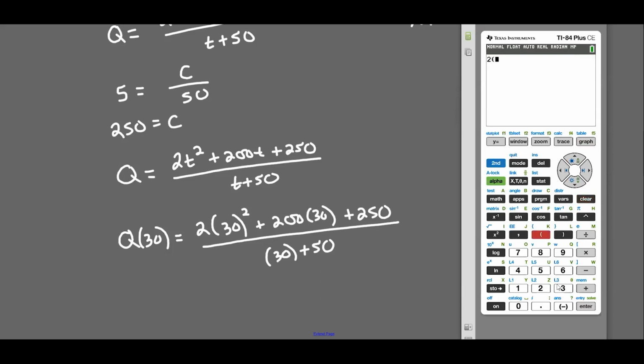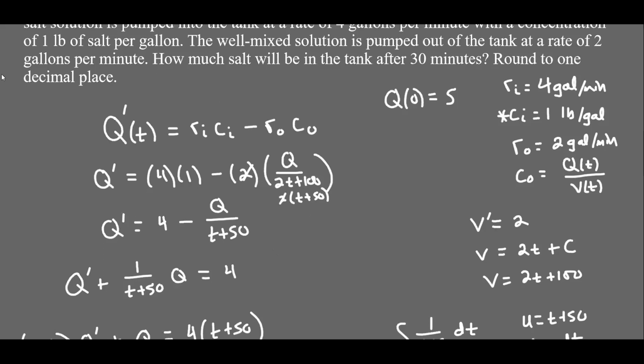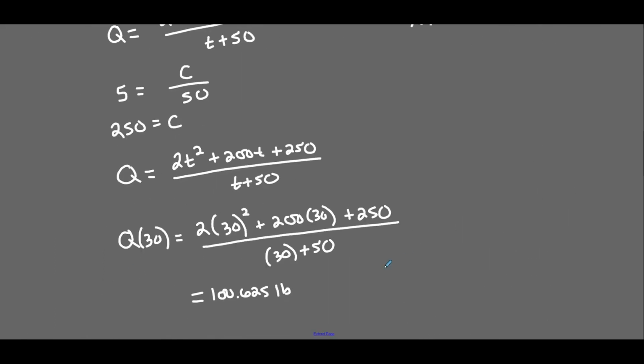So 2 times 30 squared plus 200 times 30 plus 250. I'll just do the numerator first, and then I'm going to divide by 80. So 100.625 pounds. The problem says to round to 1 decimal place, so this is rounded to 100.6 pounds.